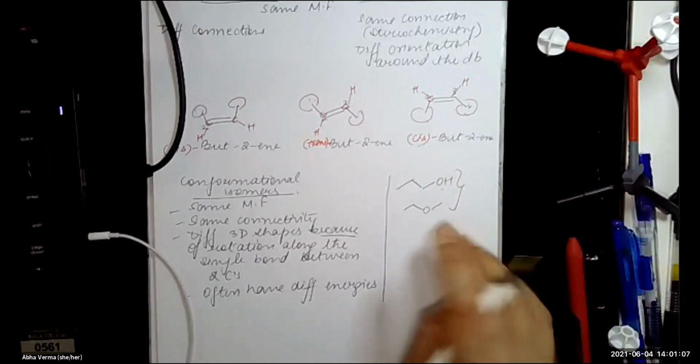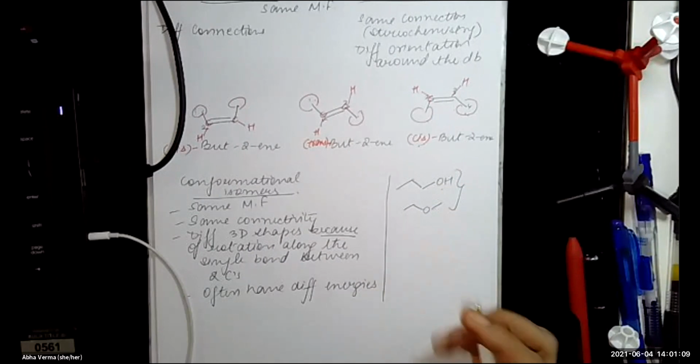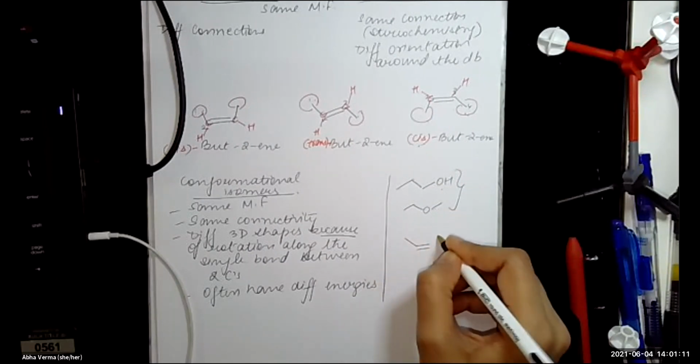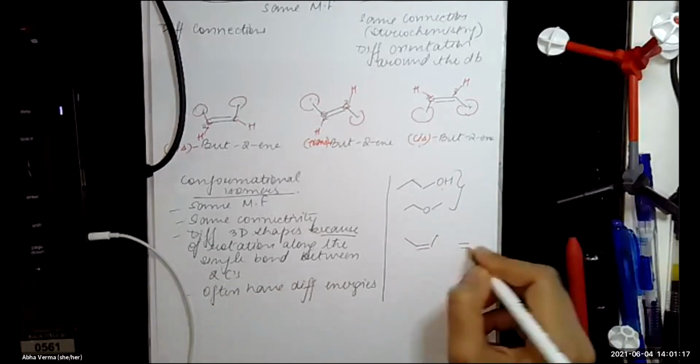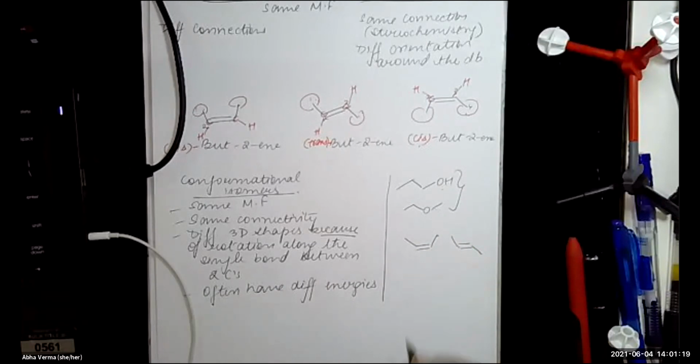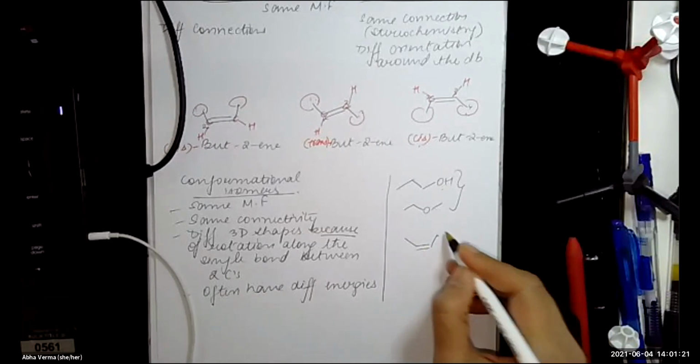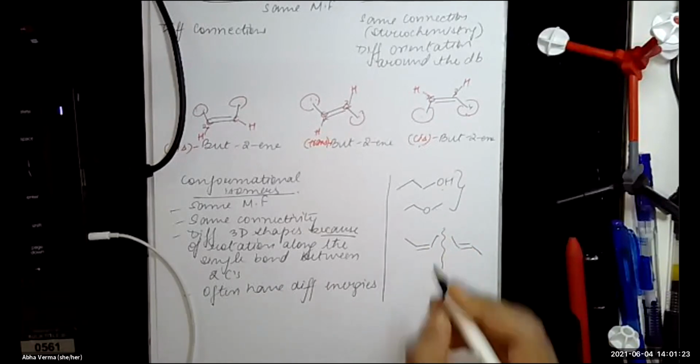They have different properties. Similarly, if you have these geometrical isomers, you can see the difference in energy here also.